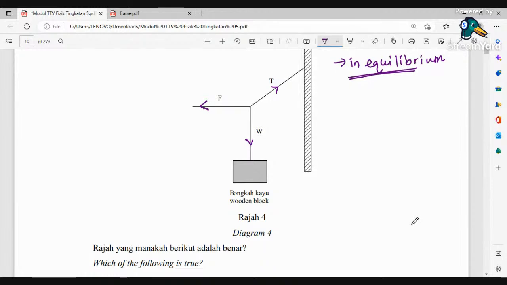Okay, let's try to draw. For this kind of question, you start to draw either the vertical or horizontal first.